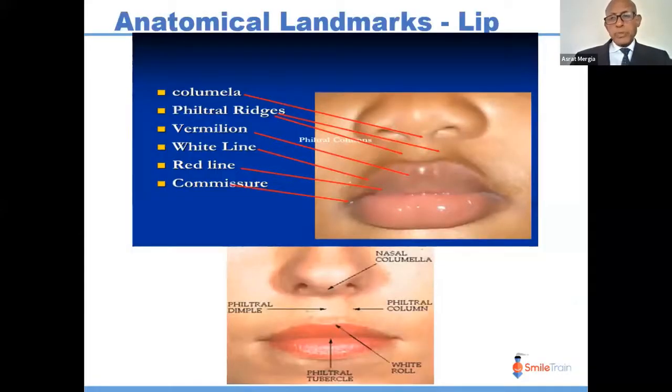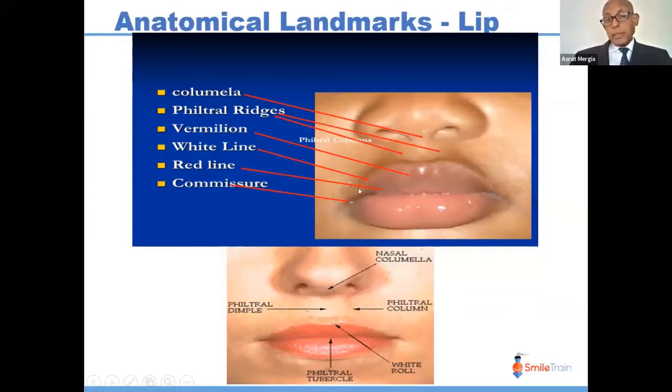To go briefly to the anatomy, as you know, the vermilion is a very delicate, unique structure with its unique shape and also fullness. So when we repair, we need to respect all this so that we get a full lip. Symmetry is also very important.